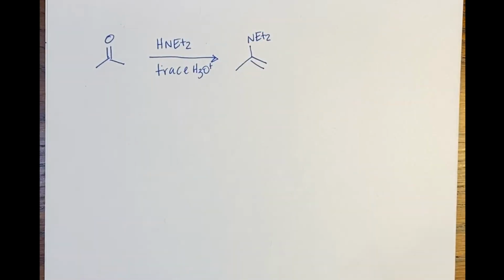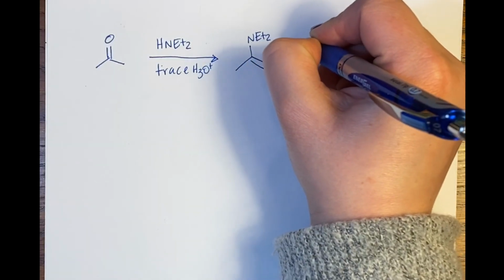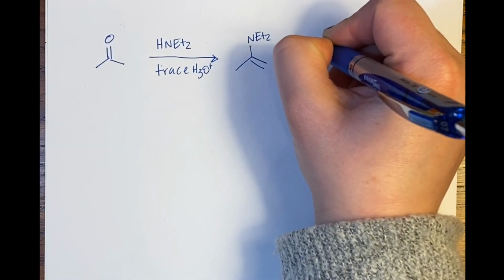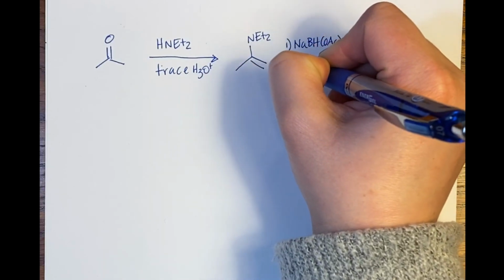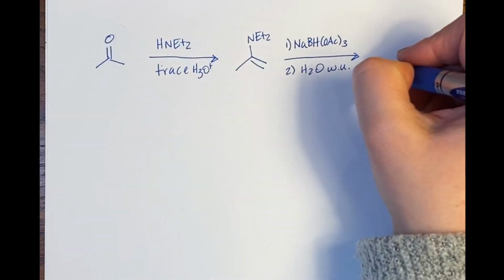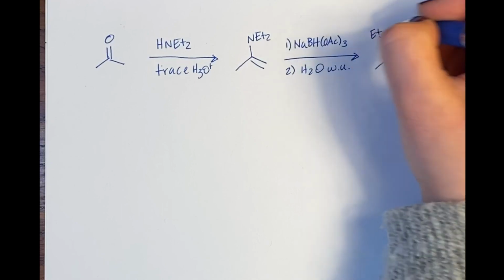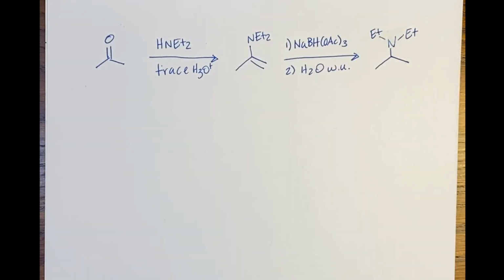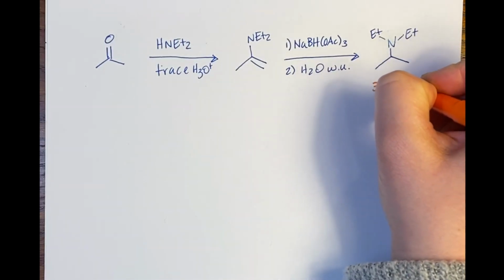If I then treat this enamine with my reducing agent, sodium triacetoxyborohydride, followed by a water workup, the product that I get out of this reaction is this one. So this reaction sequence allowed me to make a tertiary amine.